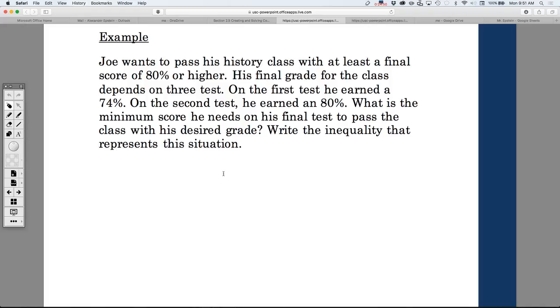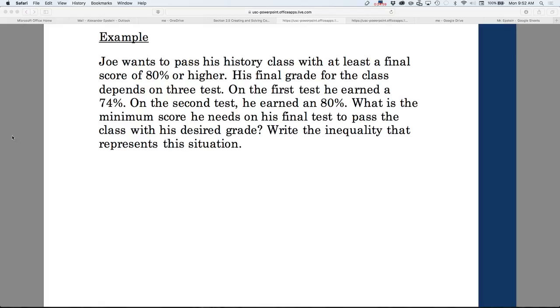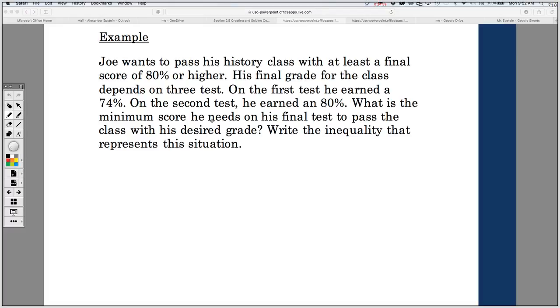Okay, so before we get too involved with this question, let's talk about a little bit of strategy on how to solve this. When you get your class grade, how do we find out your class grade? Okay, so we take all the test scores. So let's say I had 80% plus 80% plus 40%, right?